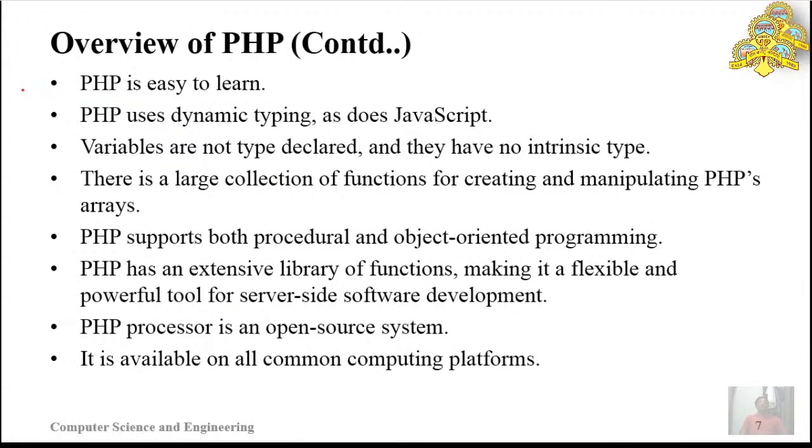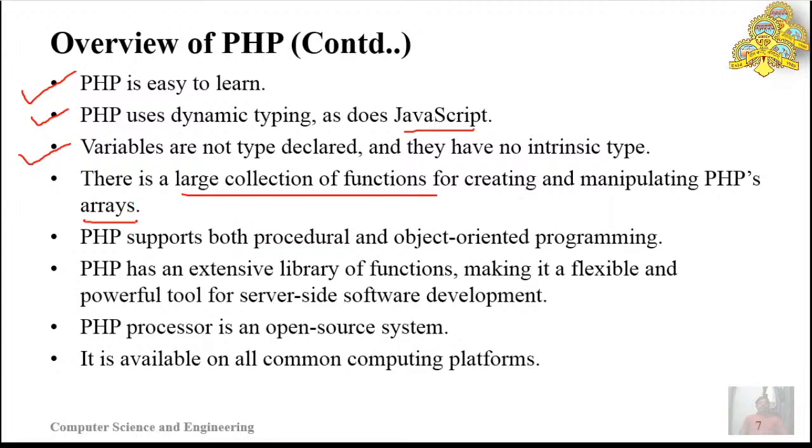PHP is very easy to learn because its syntax is almost the same as the C language, JavaScript, and some other popular languages. It has dynamic typing just like JavaScript and Python. Since variable names are not type declared, they have no intrinsic type. There is a large collection of functions for creating and manipulating PHP arrays.